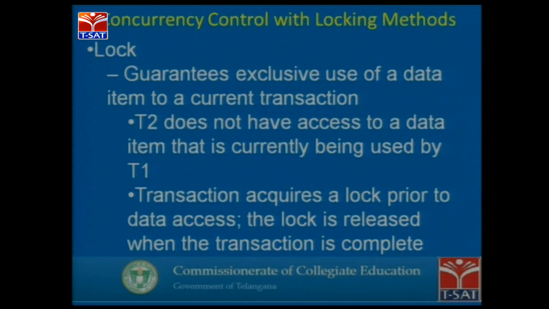Generally a lock will be applied on a transaction if it is under execution, so that the remaining competing transactions will not try to access any information from the locked transaction. Lock: we understand the generalized meaning of a lock.